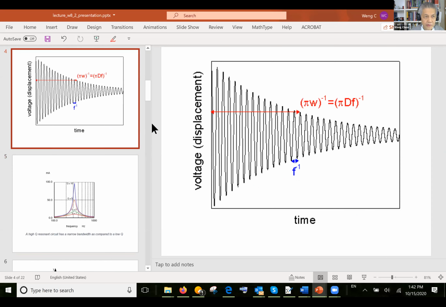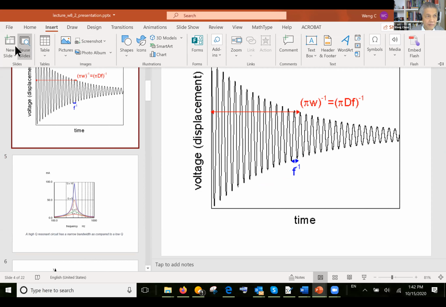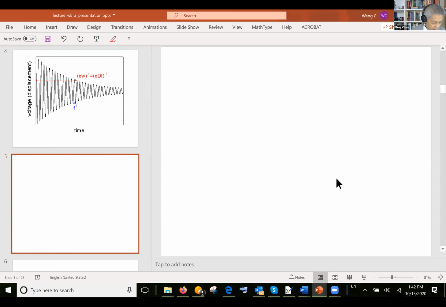So the Q essentially is a measure of how many oscillations it has before this thing decays to 1 over e of the original value.